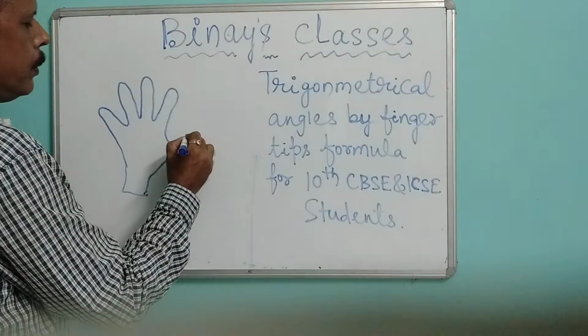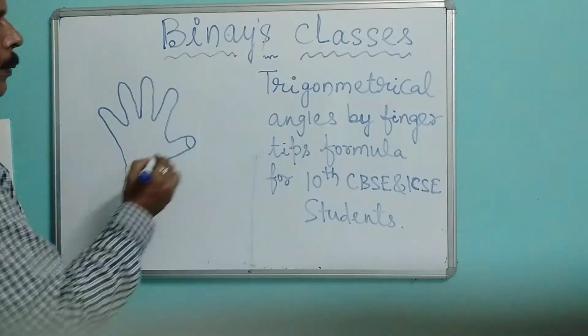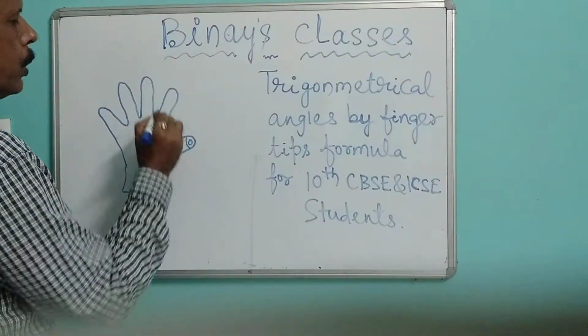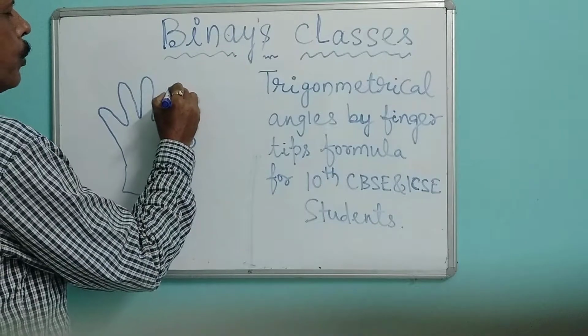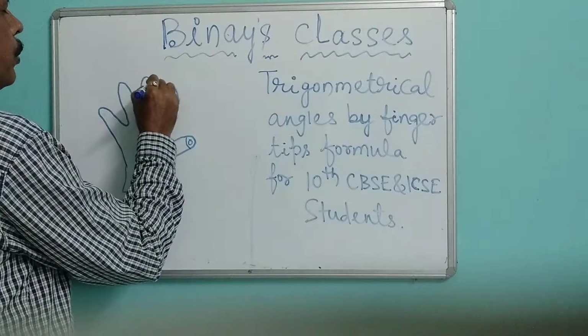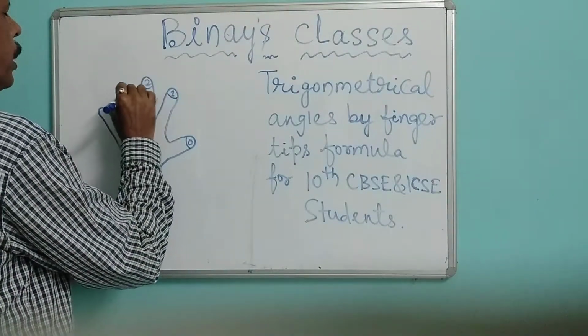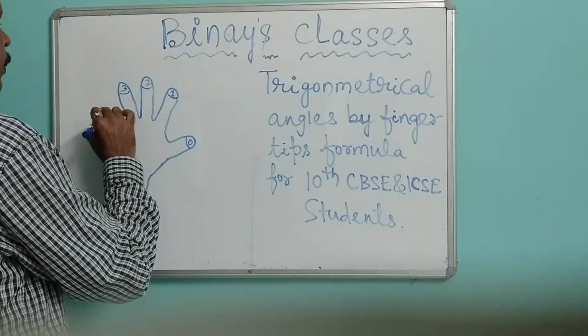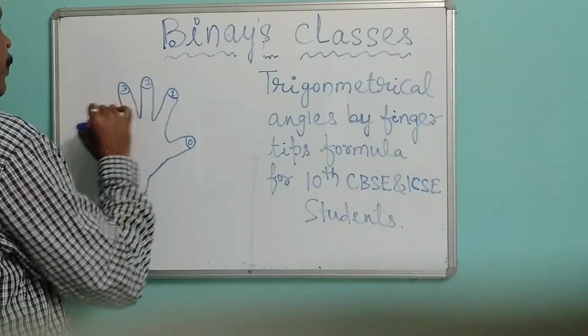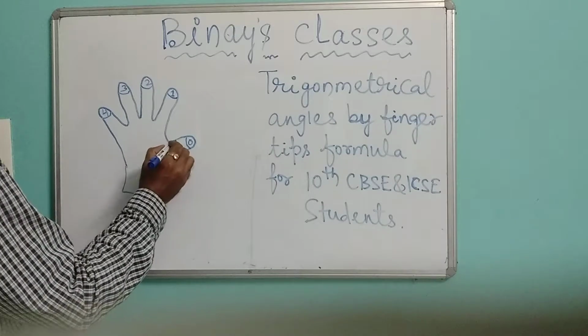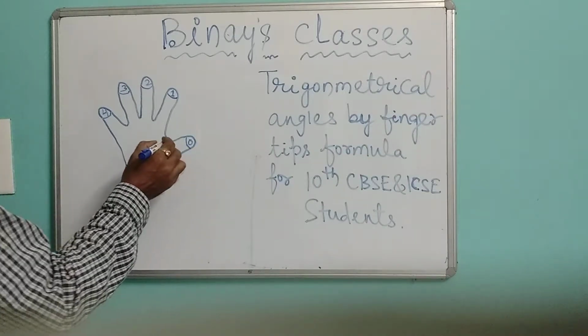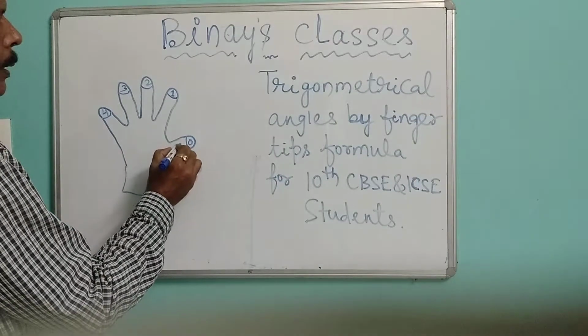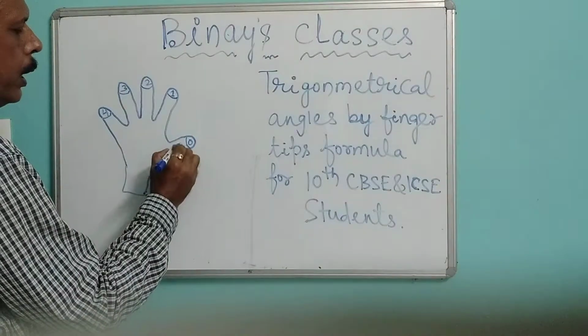We take the thumb, and we have to add finger numbers first: finger number 0, finger number 1, finger number 2, finger number 3 and finger number 4. And here, if you add degrees, this thumb is 0 degree.